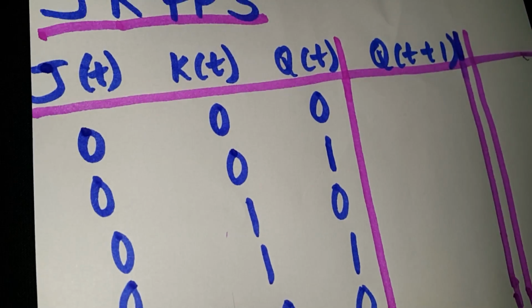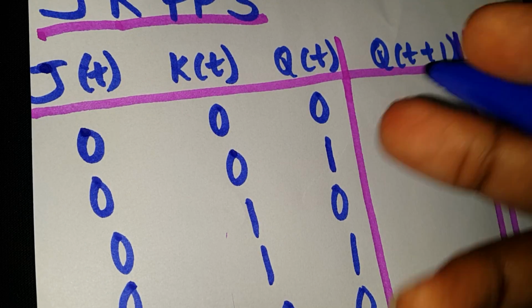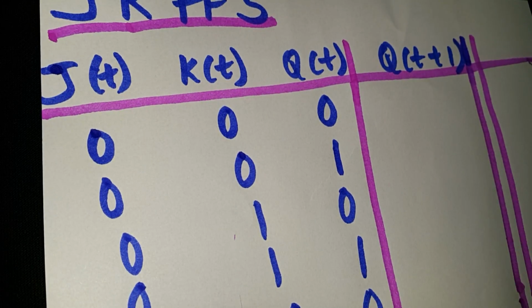So we also have a circuit for JK, but this is the table for JK flip-flop. And for SR we have no change, reset, set, and undefined.